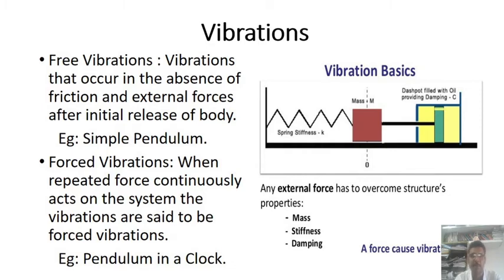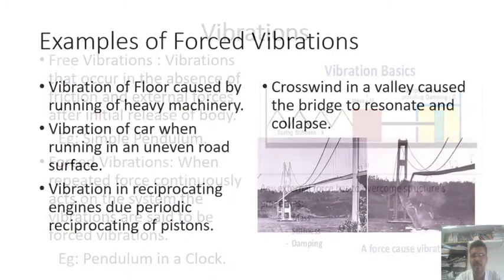An example is the pendulum in a clock, moving this side and that side using one force repeatedly. Any external force has to overcome structural properties: mass, stiffness and the damping process.